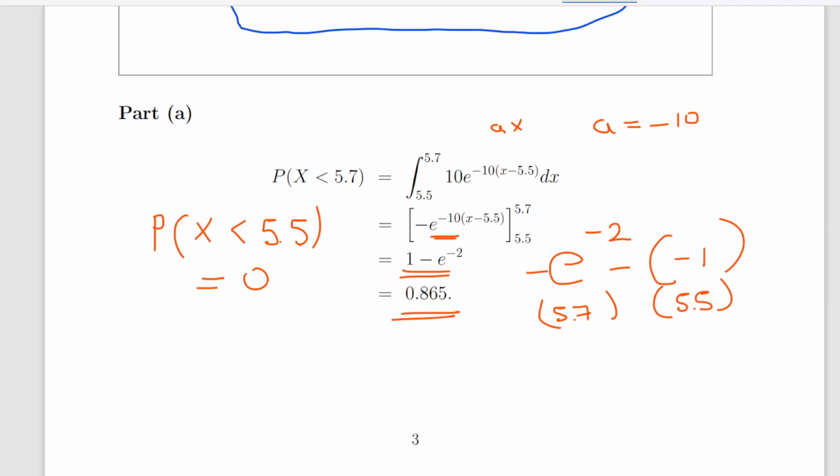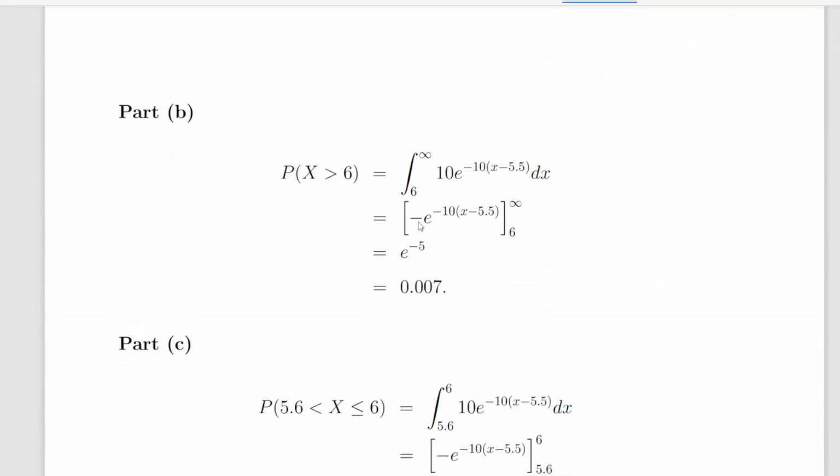Great. So part B, something similar. Probability of x greater than or equal to 6. This is the integral from 6 to infinity. So essentially what we do is the same thing again, we just have different limits of integration. So e to the minus infinity is considered to be 0. What we're left with here is minus e to the minus 10 times 0.5.